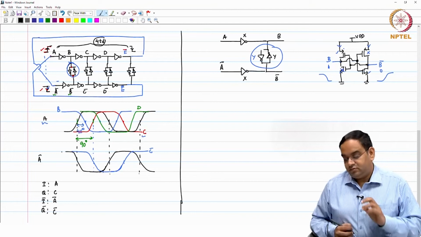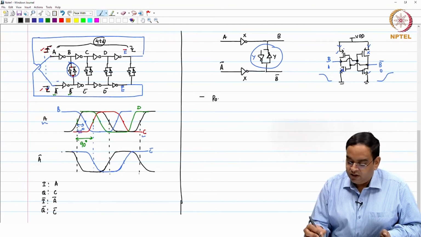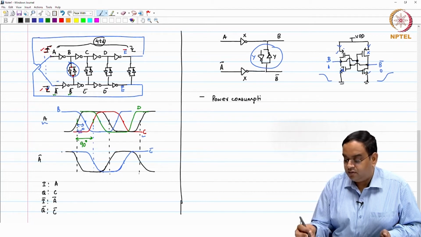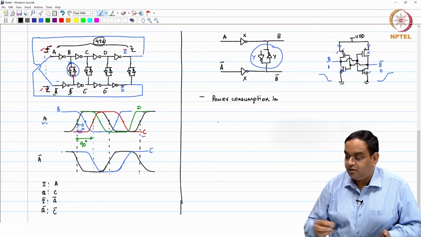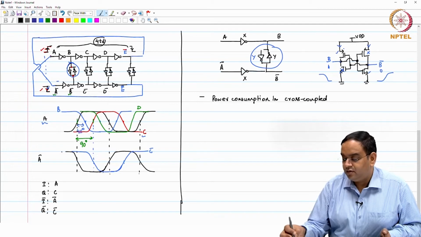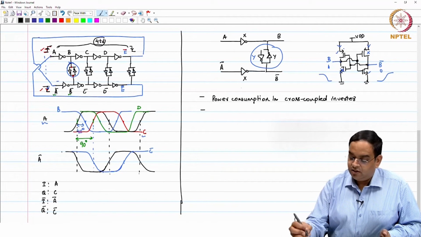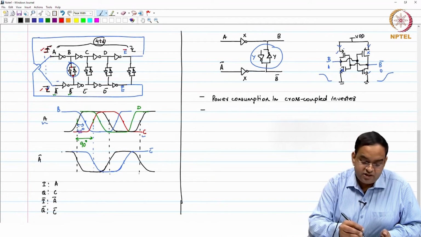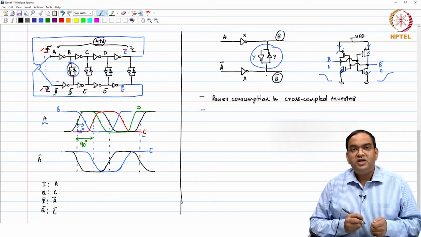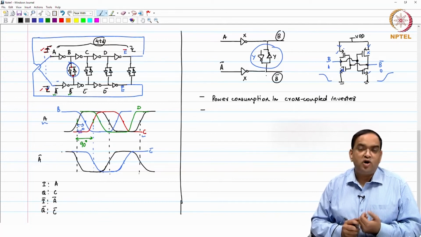Okay. So, let us look at two things. One, the power consumption in the cross coupled inverter. And second thing is the relationship between B and B bar, whether B and B bar maintains a perfect 180 degree phase or not.